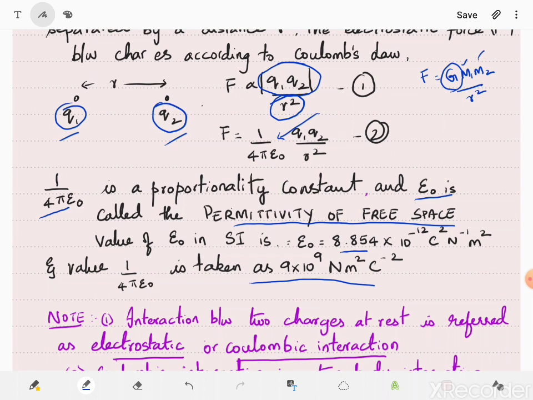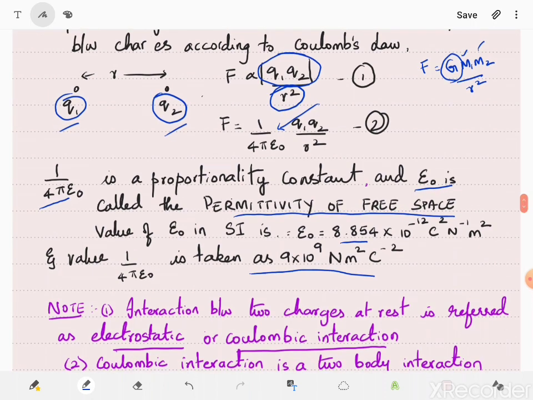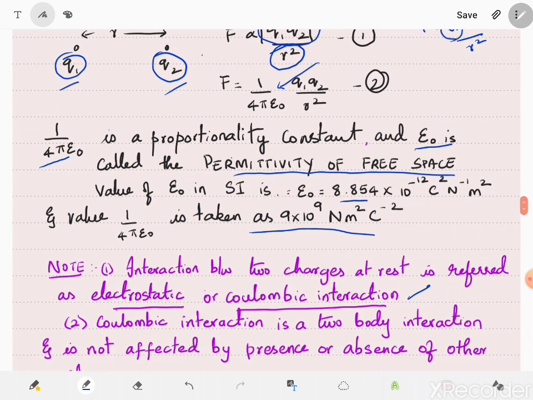Electrostatic means that two charges are at rest and they're exerting forces on each other. Because the forces are governed by Coulomb's law, therefore it is called Coulombic interaction.